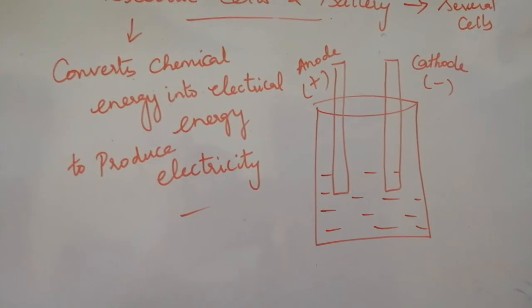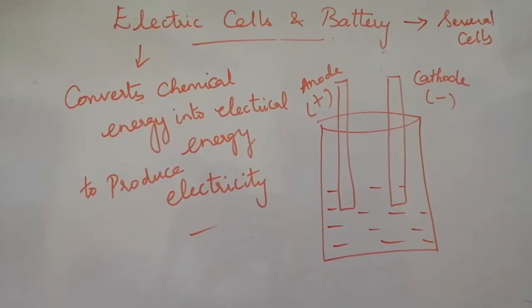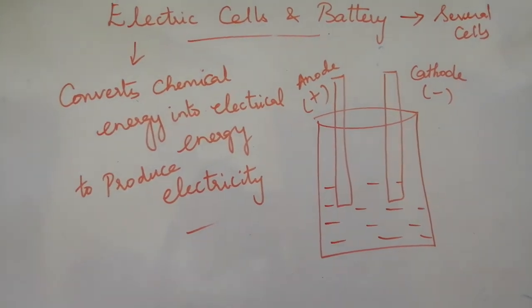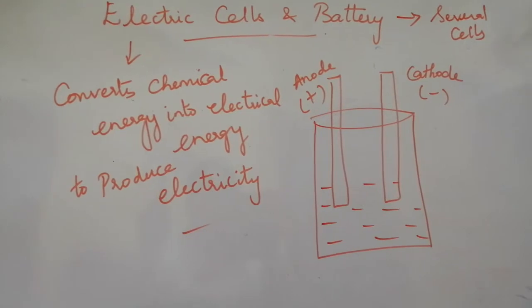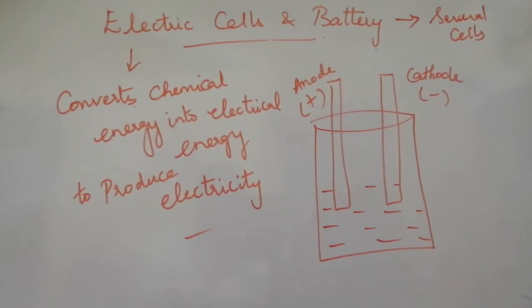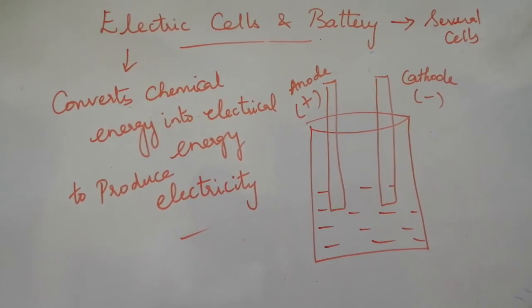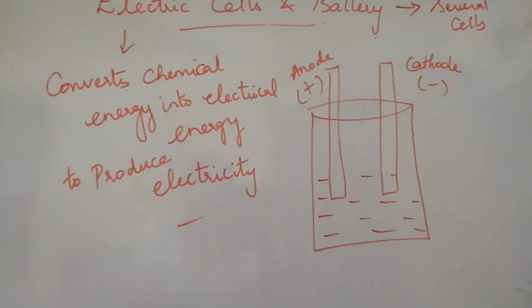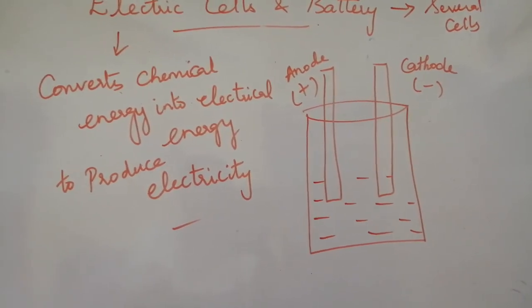In the cells, when you connect the cells to react, it is obvious that the anode and cathode are two different materials immersed in a chemical solution. So obviously all three will react with each other and produce some chemical reaction inside the solution.